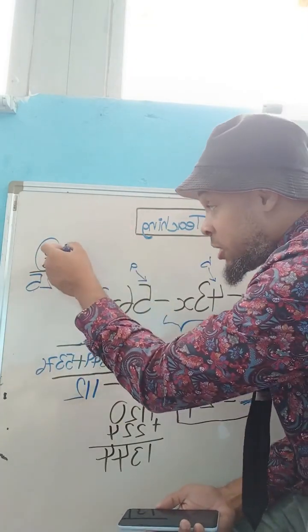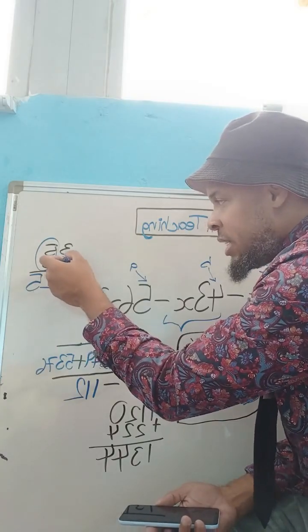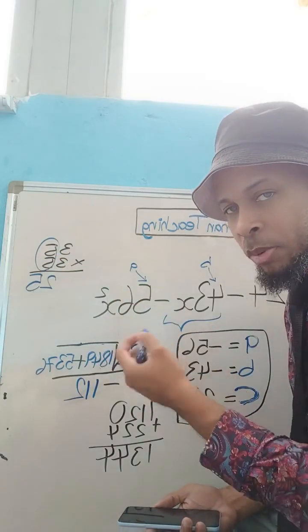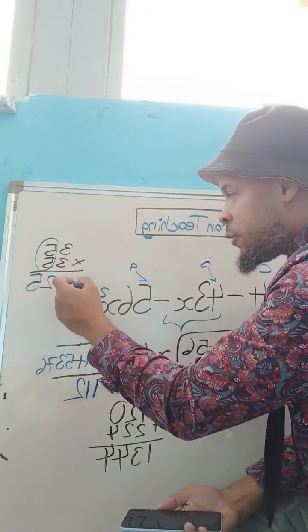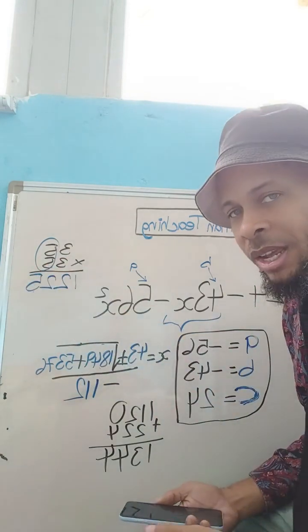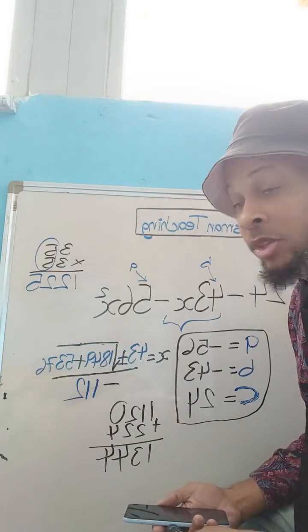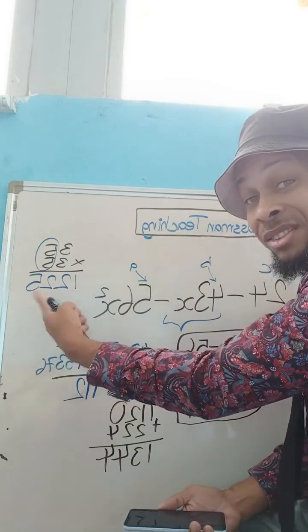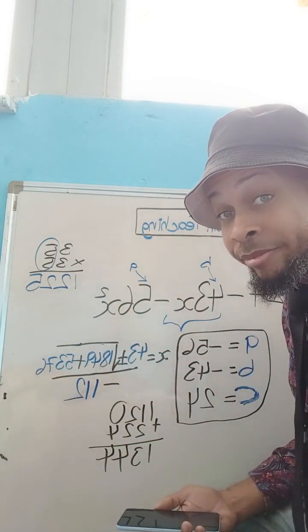But this part here, add 1 to this number. 3 plus 1 is 4. 3 times 4 is 12. That is definitely the square of 35.